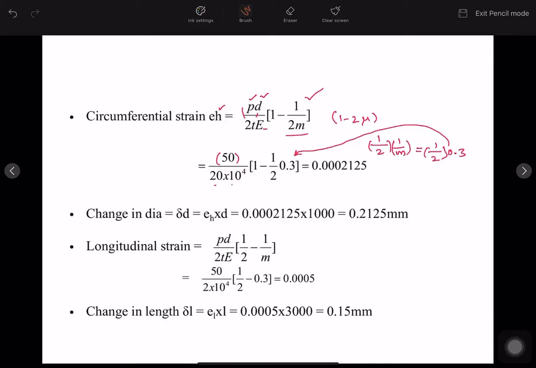If we solve this, we'll get a strain value of 0.0002125. This is the circumferential strain value.